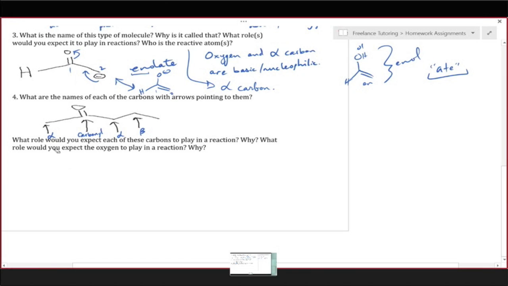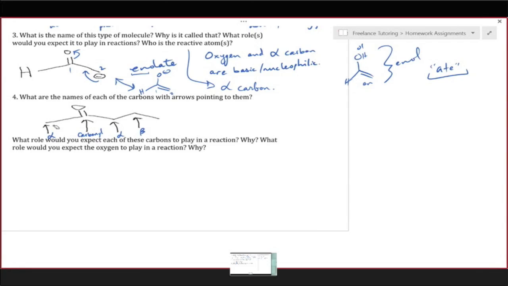The alpha carbon could play a good acid, and that is because once it loses a hydrogen and receives a negative charge, that negative charge could be stabilized through resonance with that carbonyl. Good, that's good that you came up with that. We haven't quite talked about that particular logic for a while, so that's good that you remembered that.